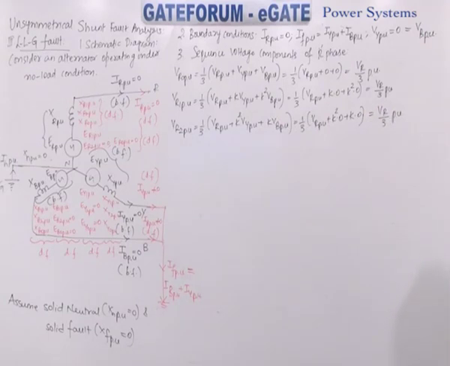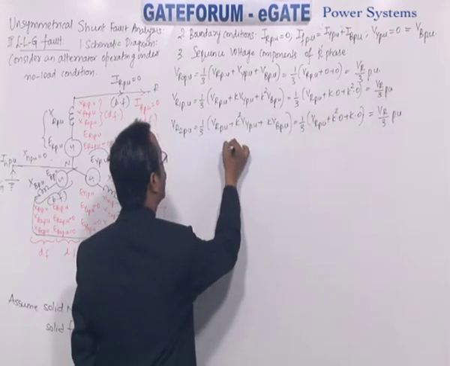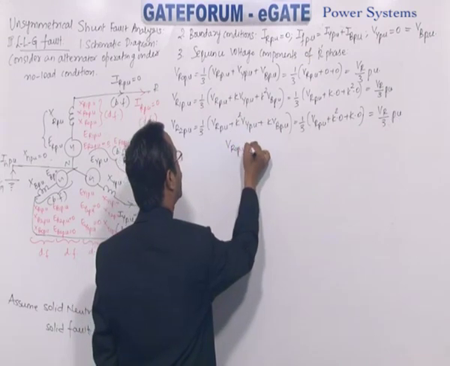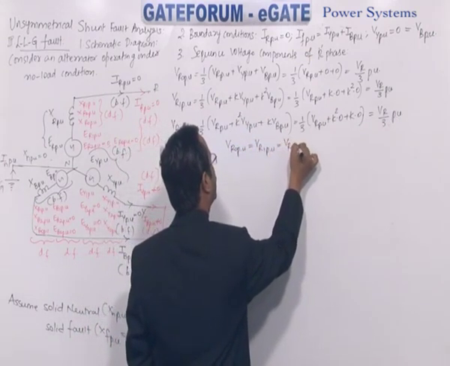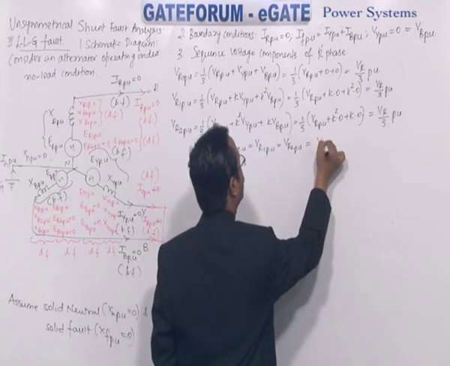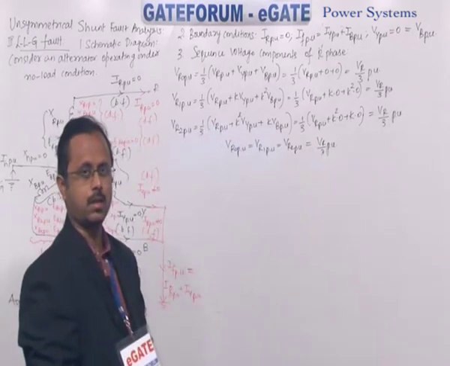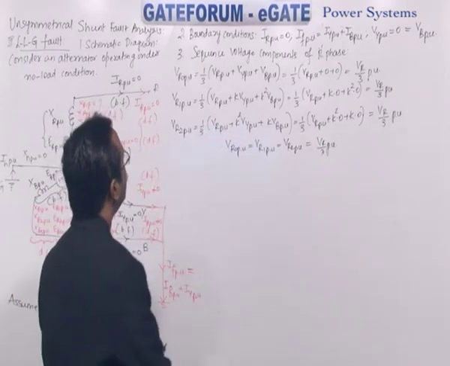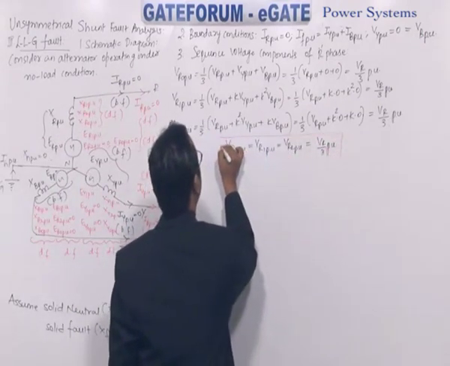So this is how you find the sequence voltage components of R phase. You can observe that all the 3 components of voltages are equal. So we mention VR0, VR1, VR2 equal to VR by 3 per unit. This is the sequence voltage components of R phase.